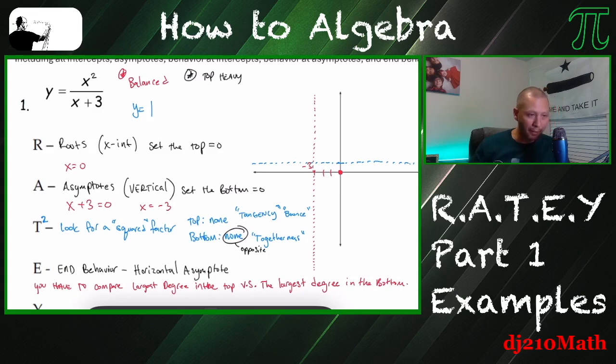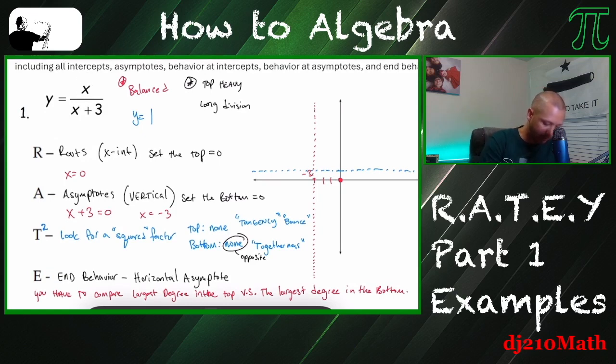In a top heavy case, which we're not covering in this particular video, it'll be the part 2 video, to figure out where the horizontal asymptote is going to be, you have to use long division, which we'll cover later. You use long division or synthetic division, but long division, to figure out where the horizontal asymptote is going to be. And we'll discuss that later.